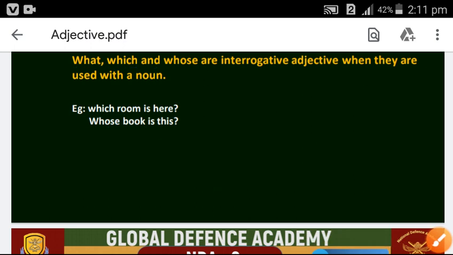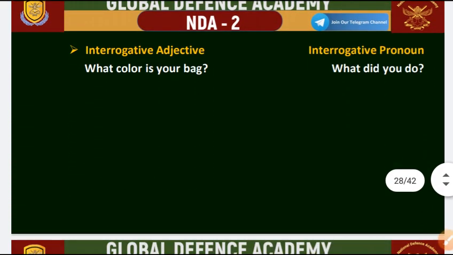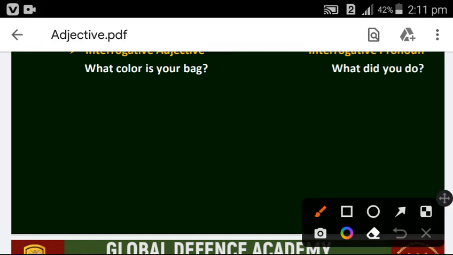And here is some further classification between interrogative adjective and interrogative pronoun. What color is your bag? And on the other hand, what did you do? Here, focus on this example. What and color.